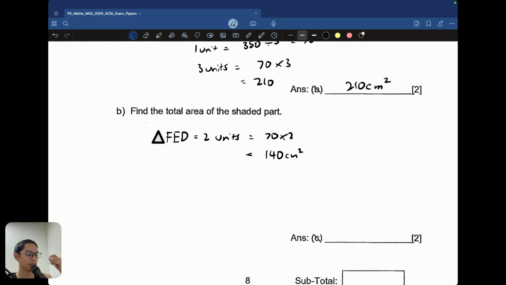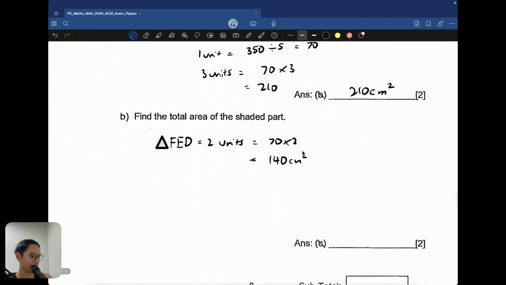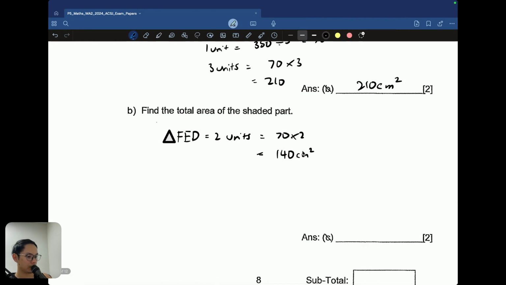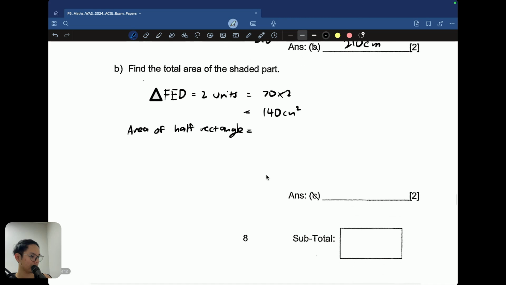So now the next thing is we need to know the half of the rectangle. So I would say area of half rectangle is equal to 350 centimeter square.